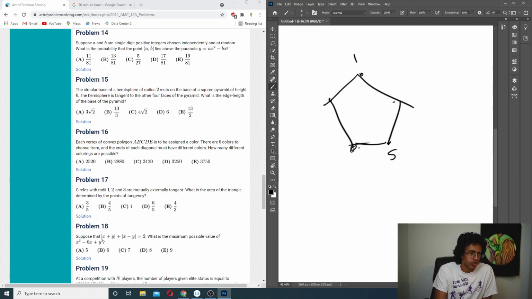And this guy does not impact this guy, so there's also 5 ways to color that guy, right? Then this guy is only impacted by this guy so far, right? So this guy still has 5 options, right? It just can't be whatever this guy is, but then this guy depends on these two guys, right? So if these two guys are the same, then this guy has 5 options, but if these guys are different, then this guy only has 4 options, so that is annoying.